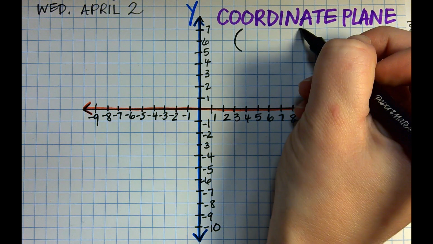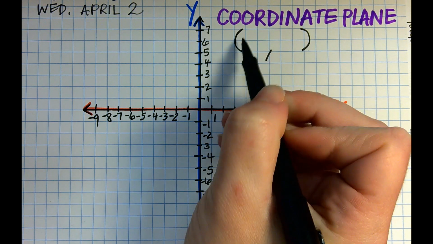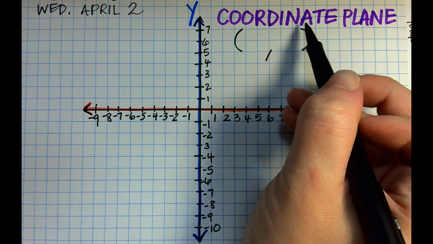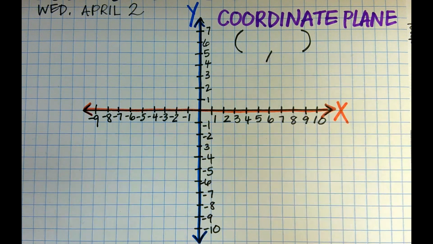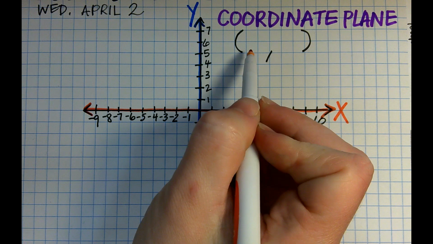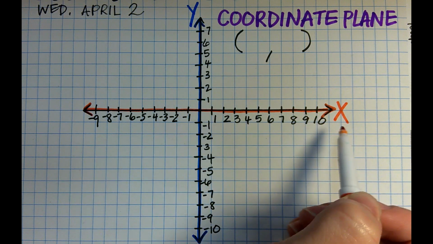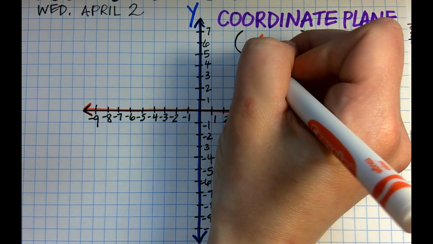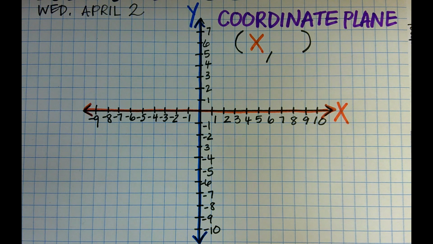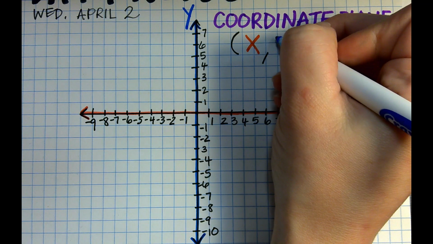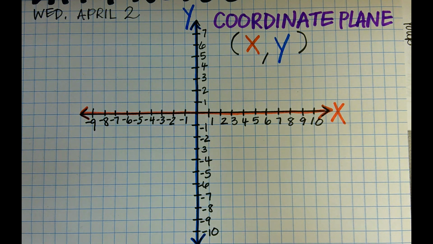A coordinate looks like this. We have parentheses with a comma separating two numbers. The first value will always be an x value, and the second value will always be a y value.